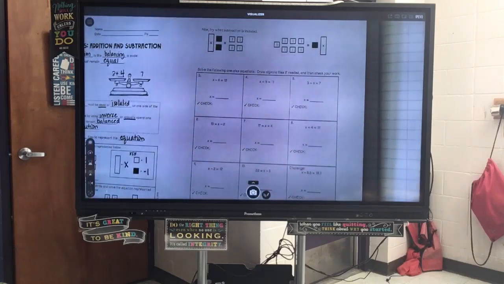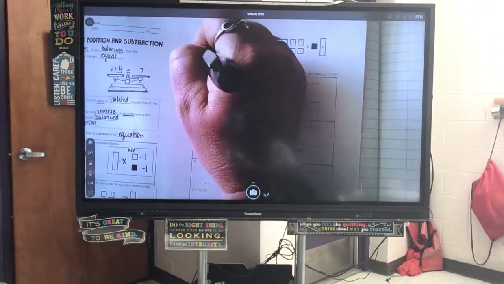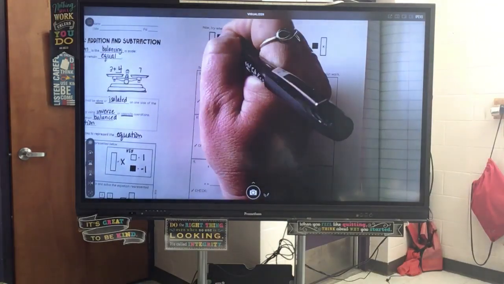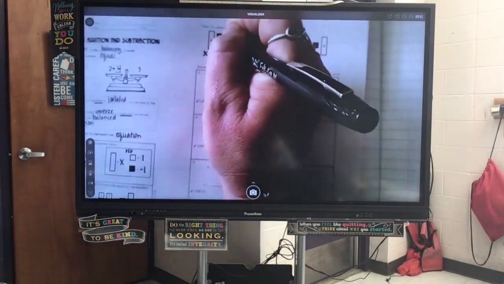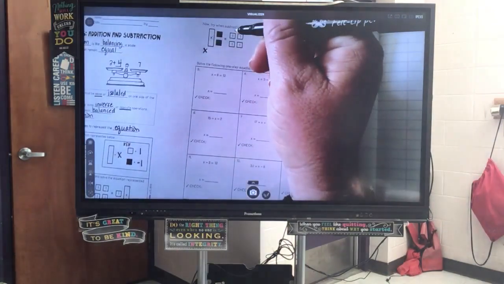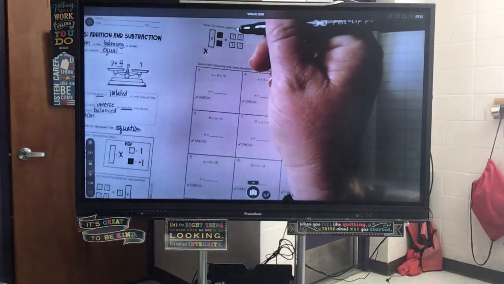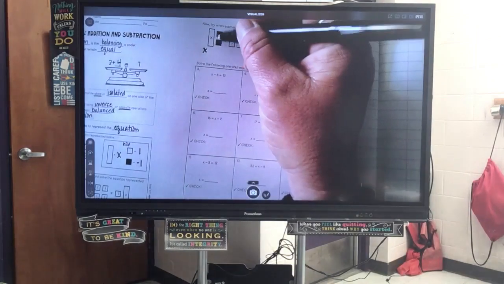So what was your equation? My equation is x plus negative 2 plus 2. So just one equation. So x, plus, why are we plussing? Nope, you can't forget about these two.